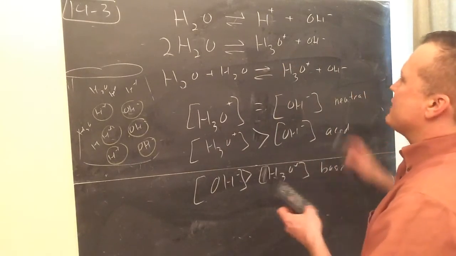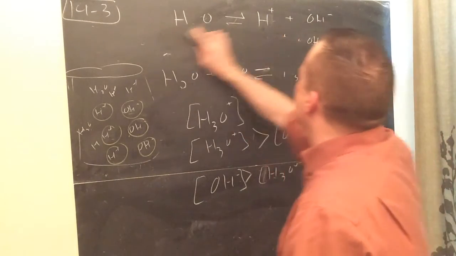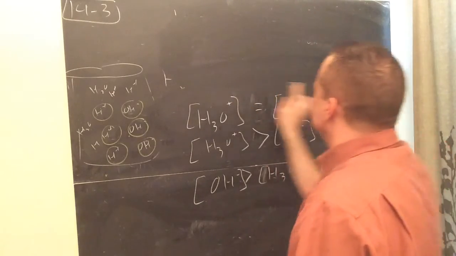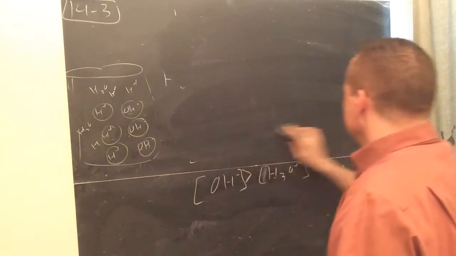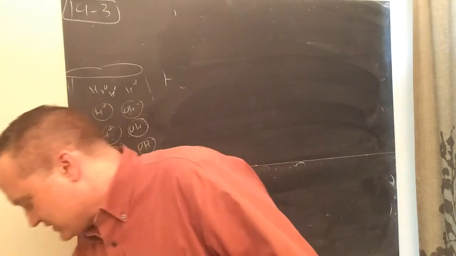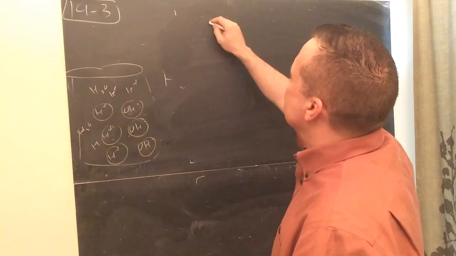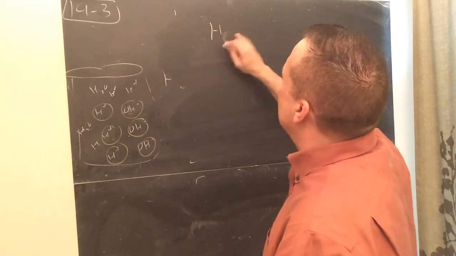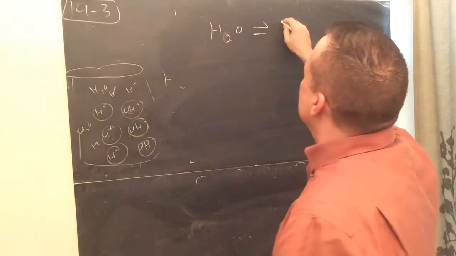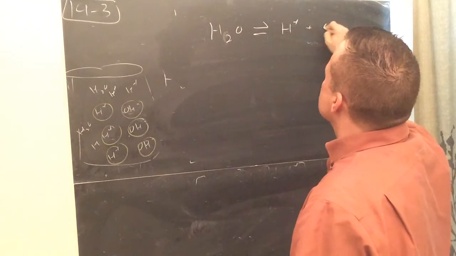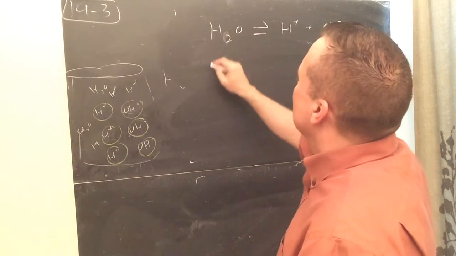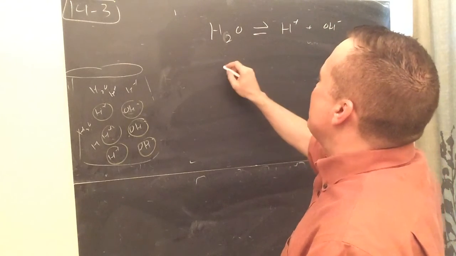Now, for the equation, not equation, I'm trying to say, an expression for this reaction, and you've seen it as well. H2O gives you H plus and OH negative, or H3O, okay, either way. And here it is.